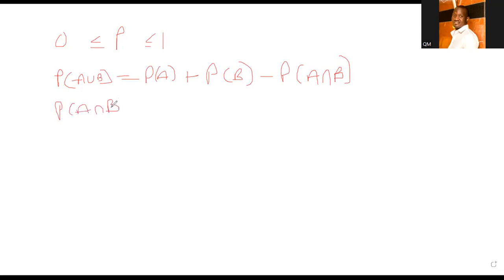This guy comes this side and this guy flies over the other side: the probability of A plus probability of B minus probability of A union B. This is just coming from this axiom of probability.